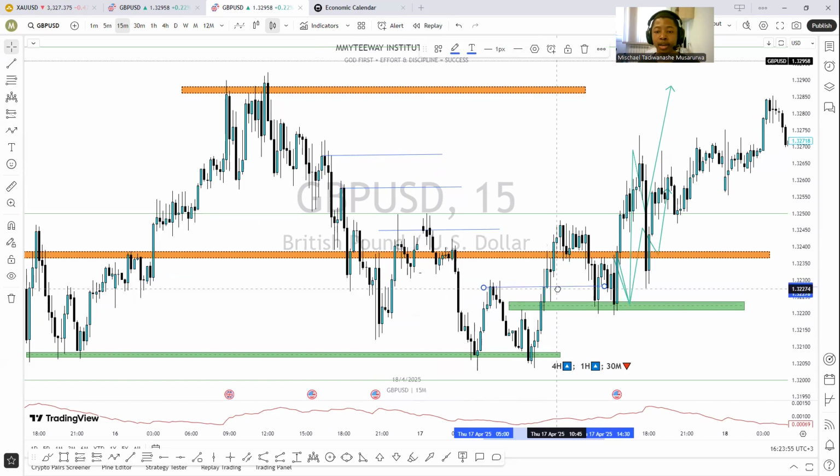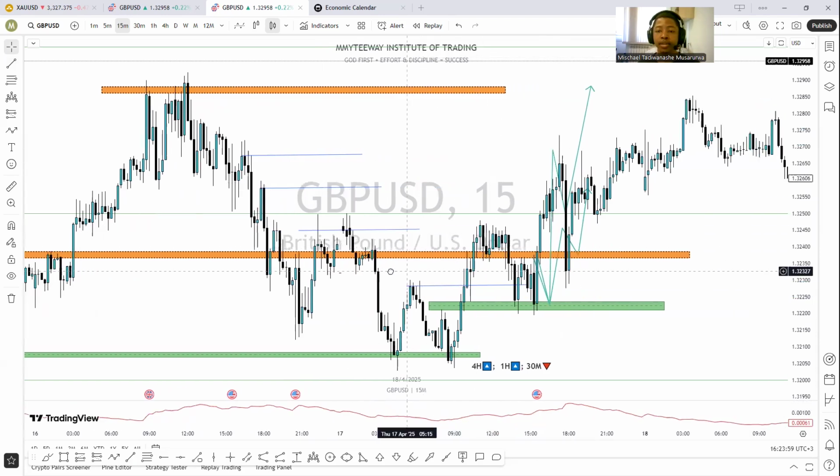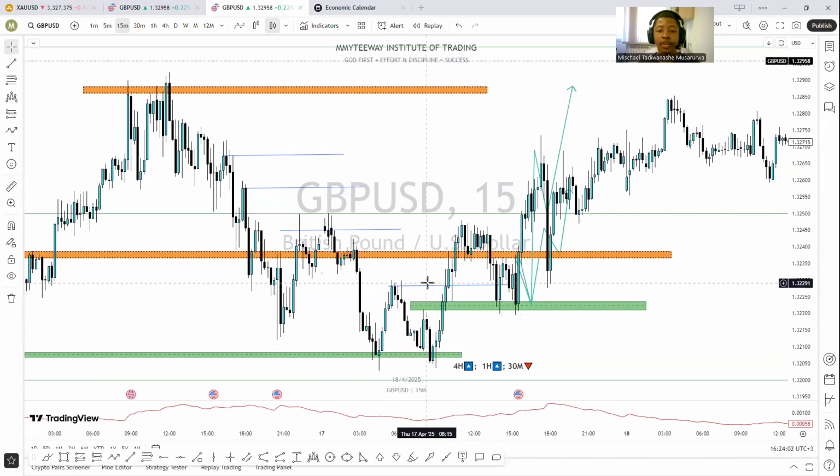A lower high here. And then the last lower high is here on this green rectangle. But as soon as it broke that lower high, it came back to retest it.